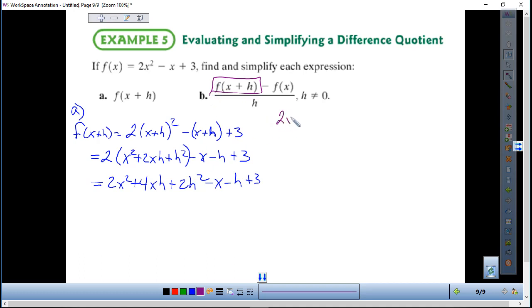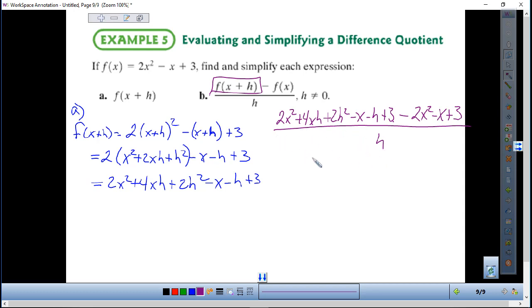So you've got 2x squared plus 4xh plus 2h squared minus x minus h plus 3. And then I'm subtracting f of x. So subtracting, what was f of x? 2x squared minus x plus 3. And that's all over h.